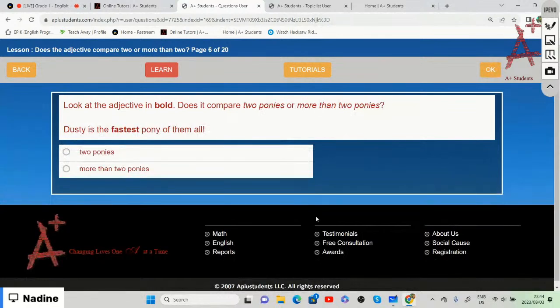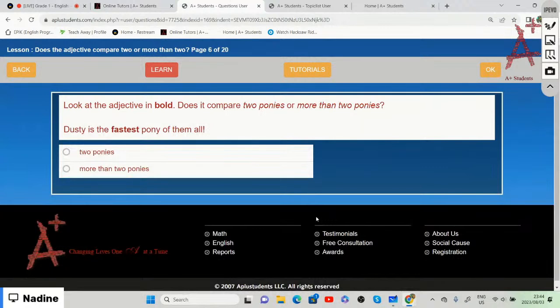All right. And now, Dusty is the fastest pony of them all. Are we only comparing two ponies, or are they comparing more than two ponies? They're saying Dusty is the fastest pony of them all.